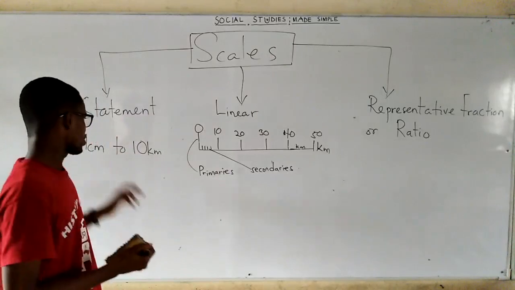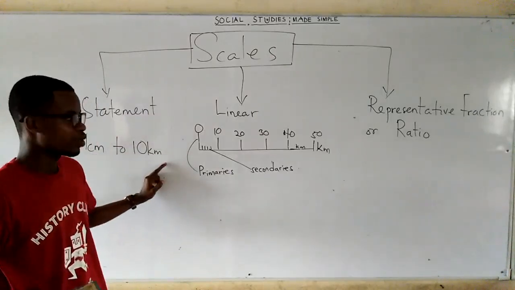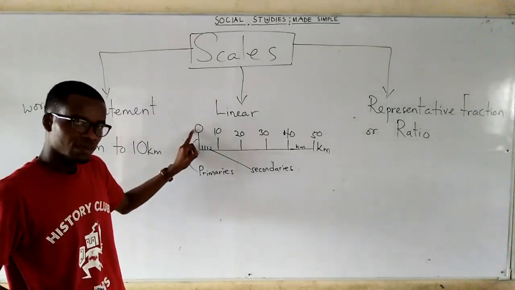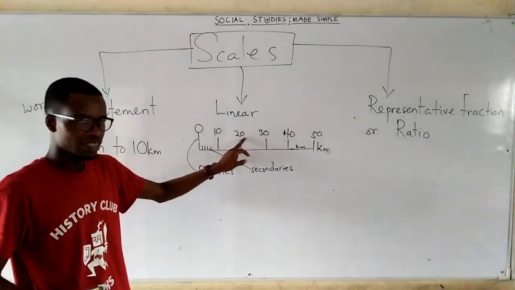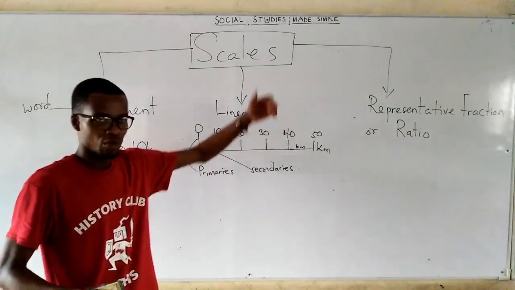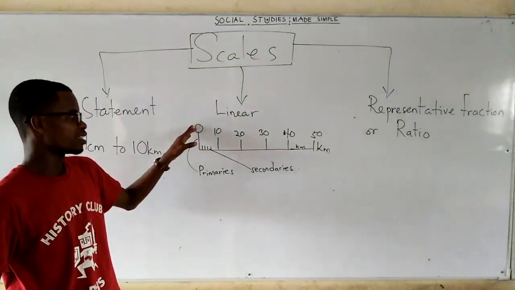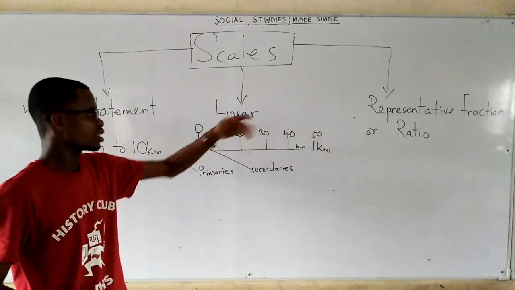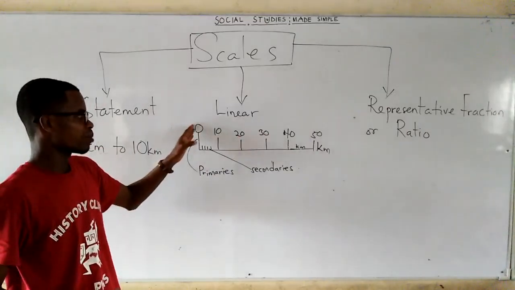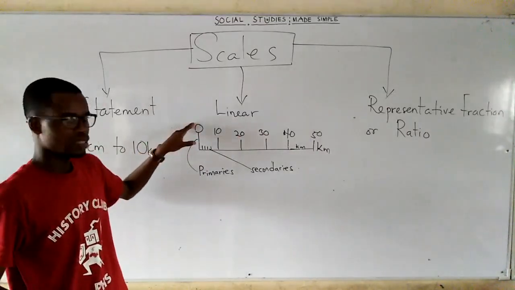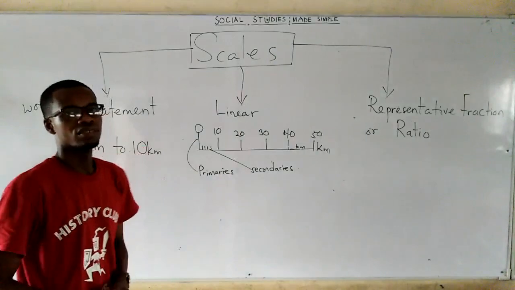Okay, so if it is 1 centimeter to 5 kilometers, you have 0, 5, 10, 15, multiples of 5 in that order. At times, they put the 10 here, and then the next one will be 0. When you see the number here first, it tells you that that's the interval.